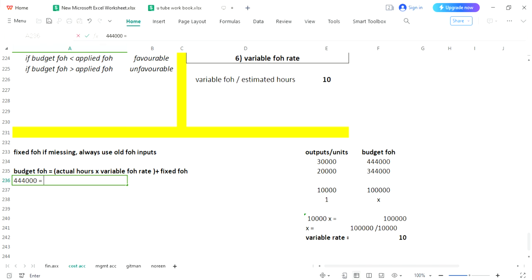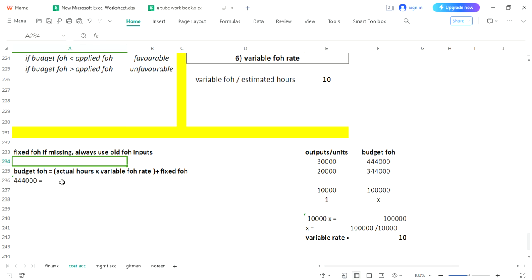Okay, now the next element is actual hours. Actual hours are given in the question, but here we have mentioned fixed FH. If it is missing, you will always calculate through old hours, and these are old hours. So for budget FH 444,000, our output or hours or units are 30,000.